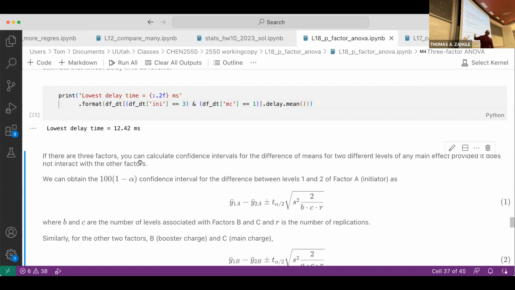Then we can use the approach that we'll show here to calculate confidence intervals for the difference of means for two different levels of any one of the effects.